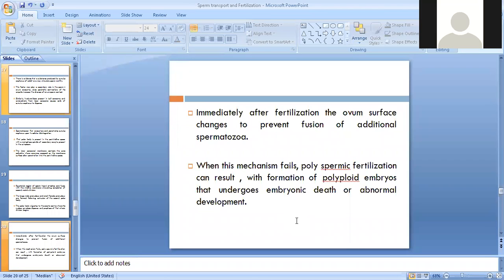But if polyspermic fertilization occurs, there will be more male pronuclei, which will lead to formation of polyploid embryos, which obviously won't be able to survive and will undergo embryonic death or lead to abnormal development, and later on monsters will be produced instead of a normal fetus.